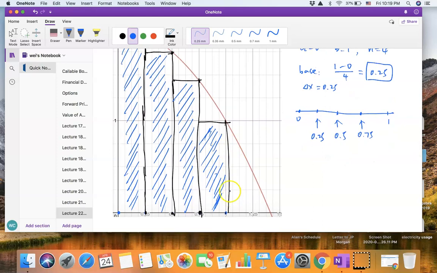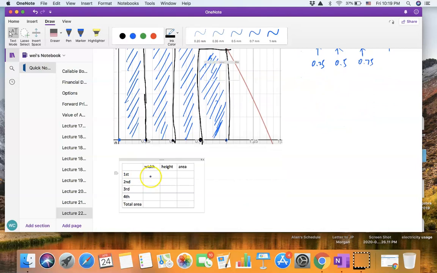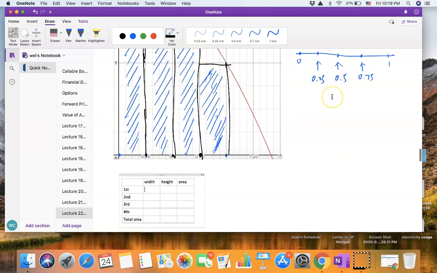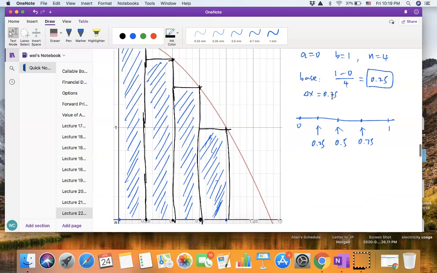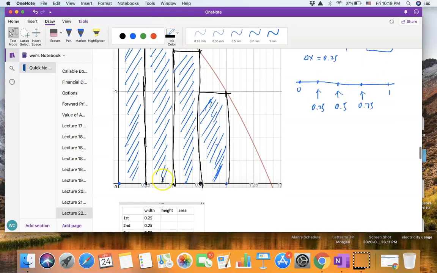For the first rectangle, first we can write the width of each rectangle because they are the same: it's 0.25.